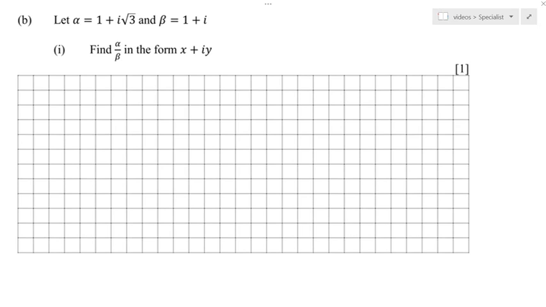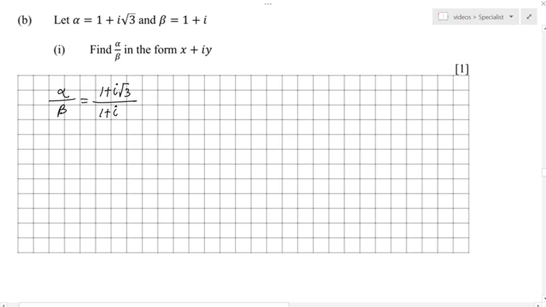You could do that, and the other option would be to just do it algebraically in the Cartesian form, and we could use that as well. So let's use Cartesian form here. Alpha over beta, what we get here is 1 plus i root 3 divided by 1 plus i.